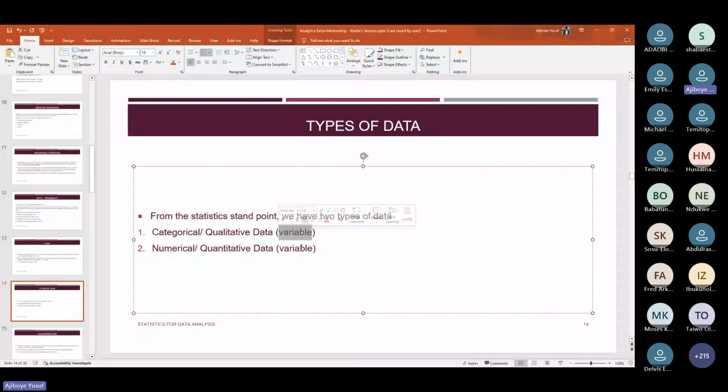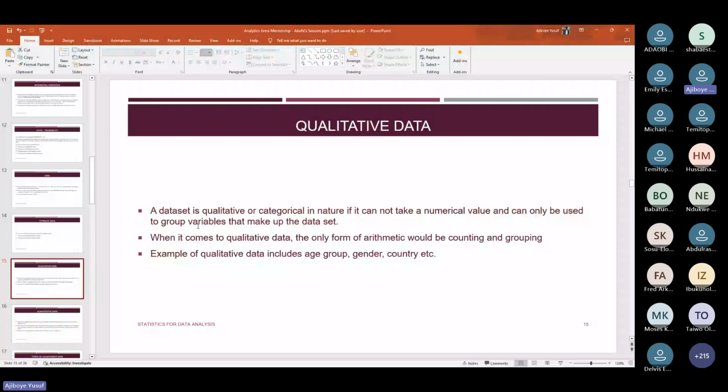As the name implies, a data set is said to be qualitative or categorical in nature if we cannot, emphasis on the word cannot, very important, attach a numerical value to it. And even if there's a number attached to it, that number is only a label.